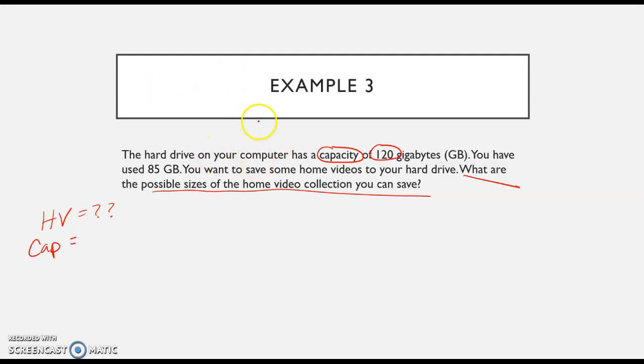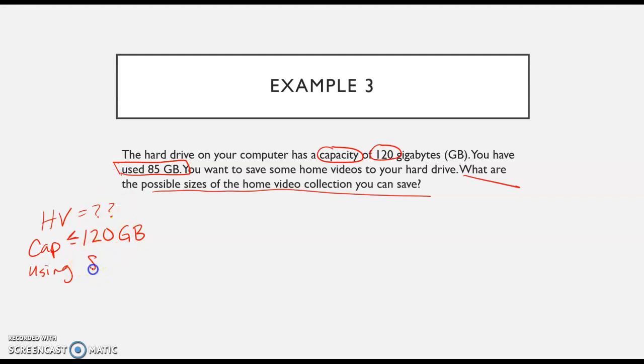The cap amount. Right, so the amount that we are allowed is 120 gigabytes. So we have to be less than or equal to that 120. We can't be more than 120 because it's not going to fit. We already are using, right? You've already used 85.